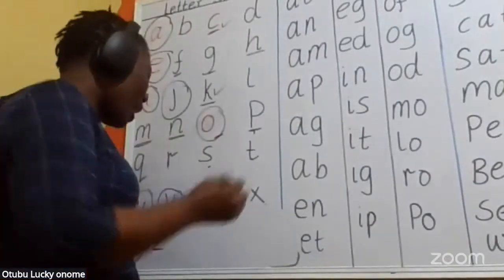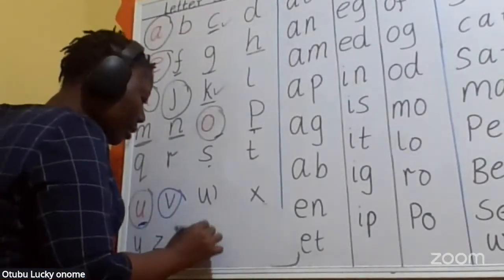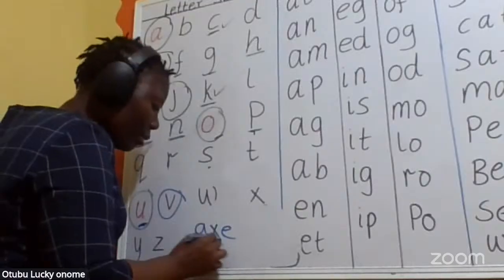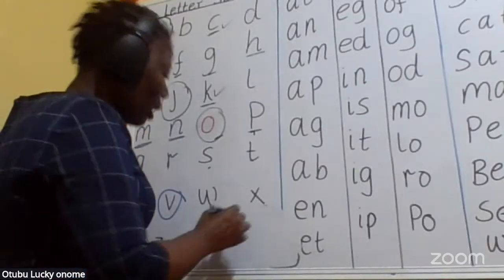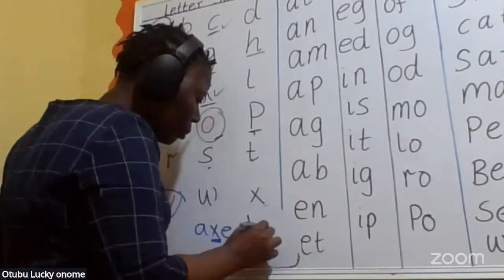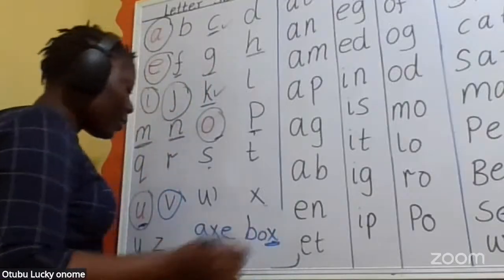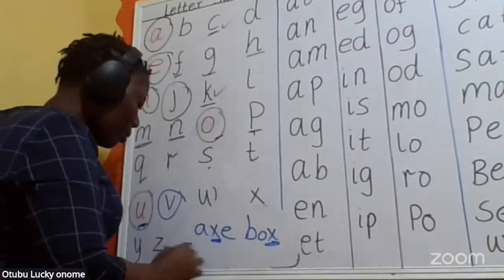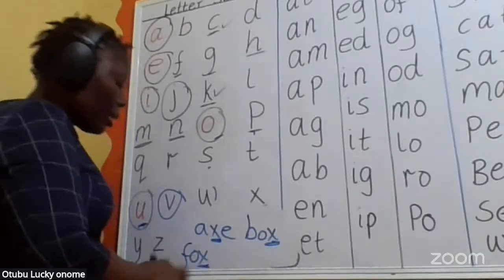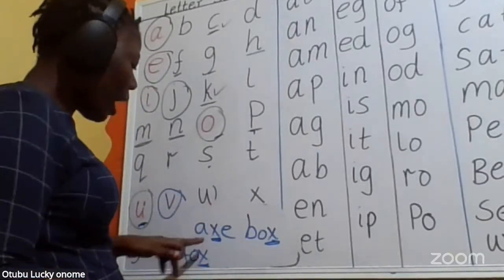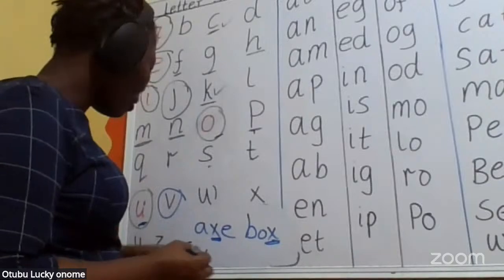We have it in words like act, where it is in the middle, box, and fox, where it is the last sound.